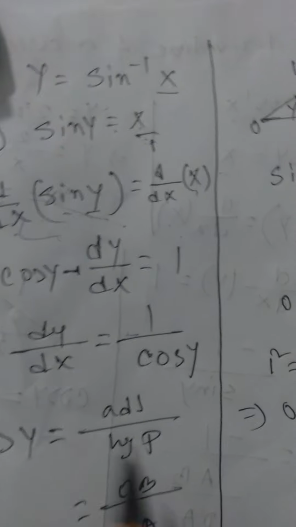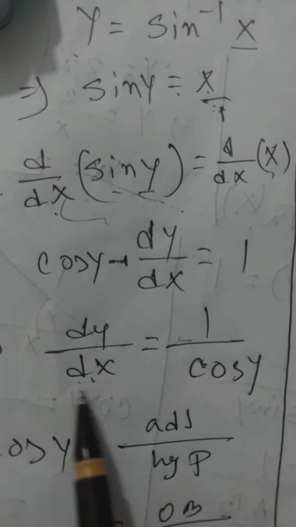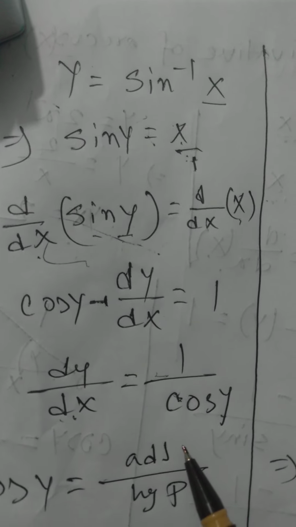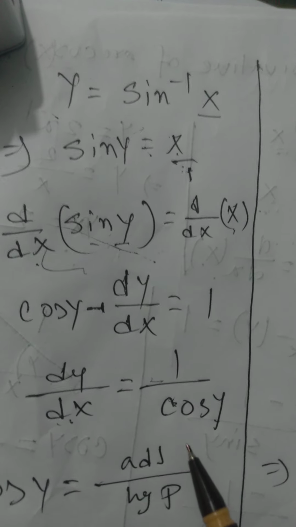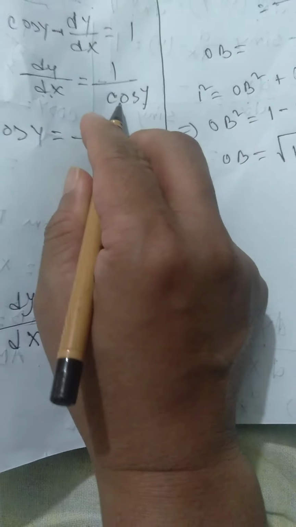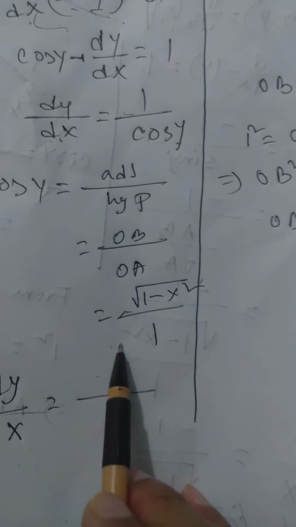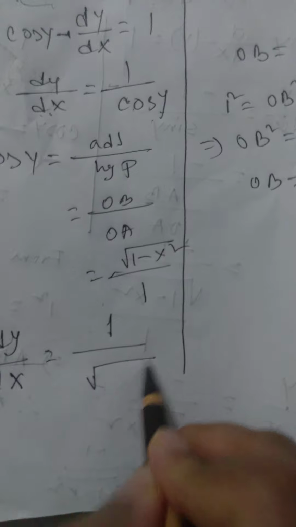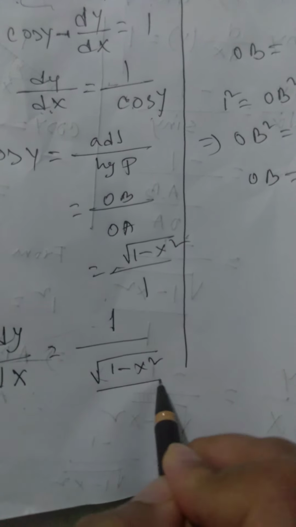So if I put the value of cos y, we'll find the derivative of sine inverse x. dy by dx equals 1 by cos y, and cos y equals the square root of 1 minus x square by 1.